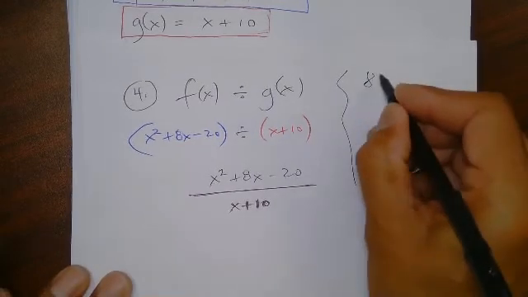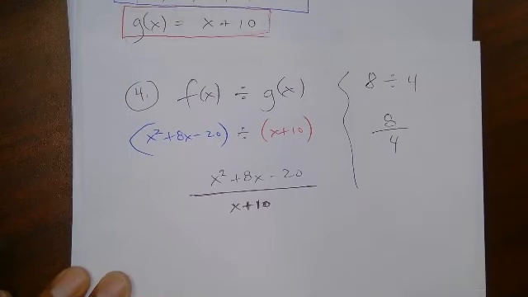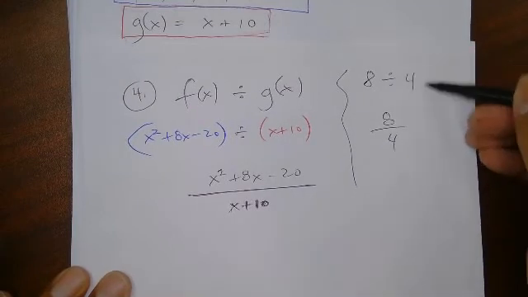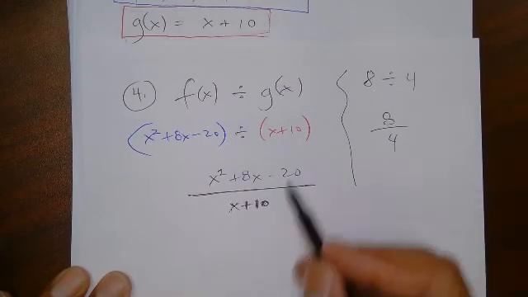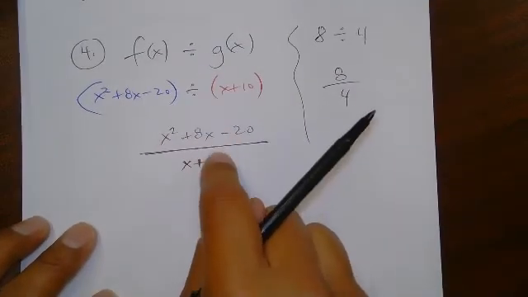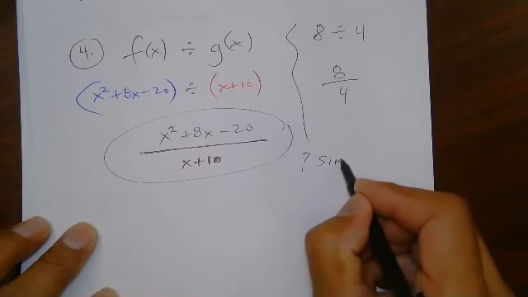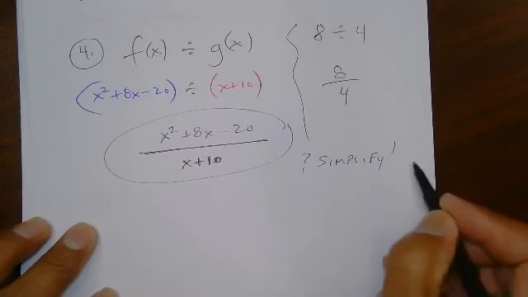Like if I put 8 divided by 4, it's okay if I put 8 over 4. It's the same thing, right? This says 8 divided by 4. This says 8 divided by 4, right? I'm doing the same thing. You want to do that here for these rational expressions. Well, lucky for you, how do you simplify this?